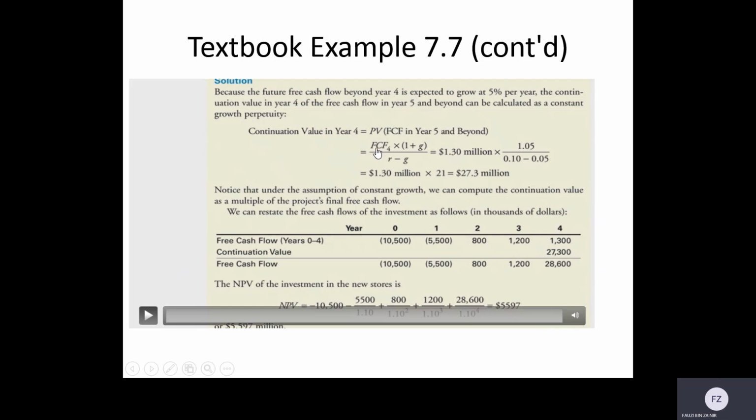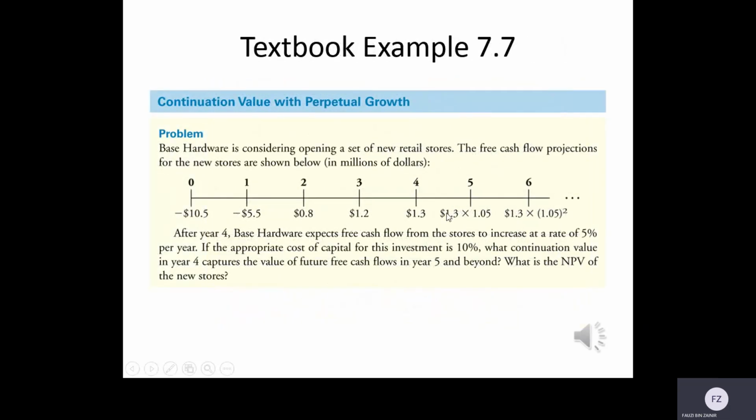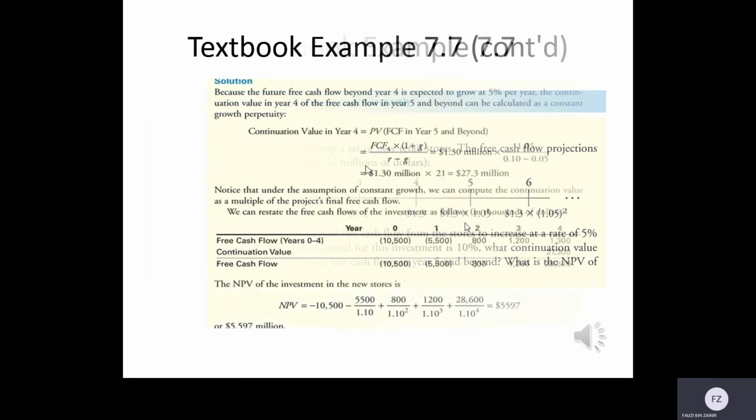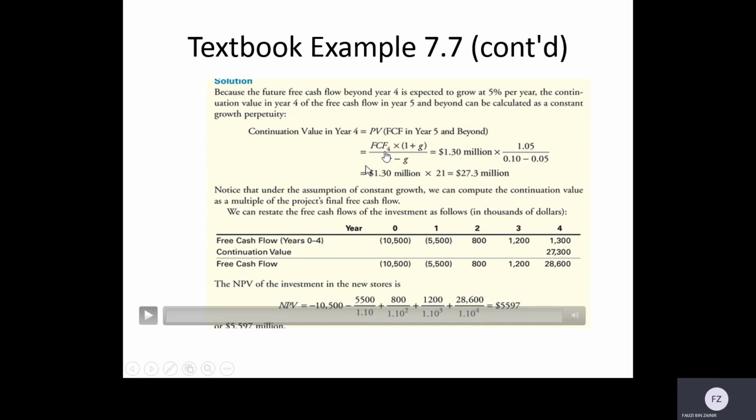So what we have to do is, as we know, the free cash flow in year 4 is 1.3 million, and after that it continues to grow by 5%. So we need to know the free cash flow in year 5. The continuation value is free cash flow in year 4 times 1 plus G, divided by R minus G, where R is the interest rate and G is the growth rate.